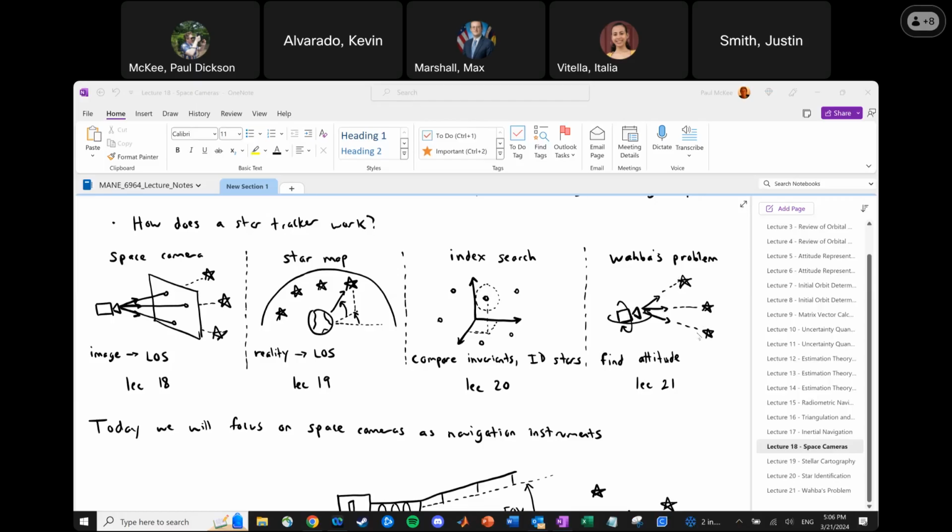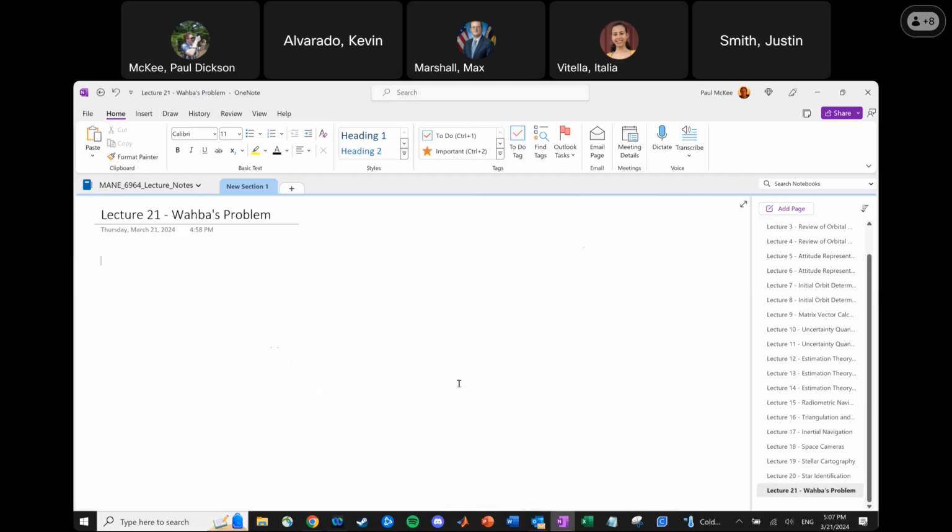I think I've alluded to this before, but it's going to be a pretty long and drawn out derivation followed by a shockingly simple procedure to actually solve Wahba's problem, which I believe can be done in as little as 3 lines in MATLAB. We'll see if I can keep to that promise. Any questions before we get into today's topics? Any questions on that overview?